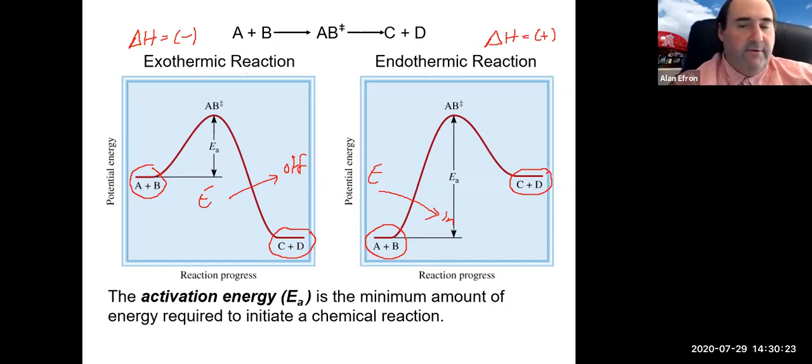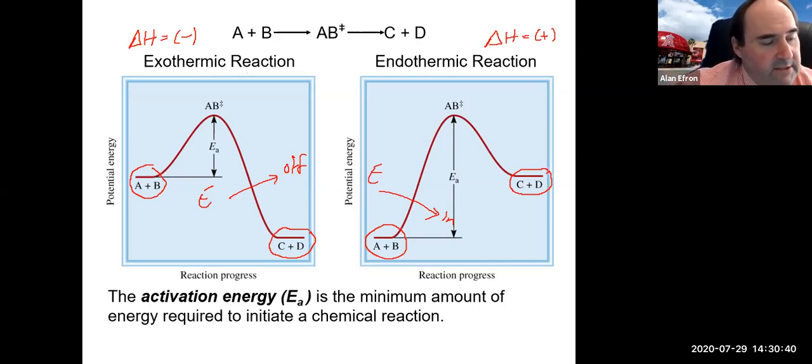But if they hit each other in the right location, the second thing that needs to happen is they need to hit each other with the appropriate amount of energy, basically the minimum amount of energy required for that reaction to take place. And that minimum amount of energy that's required for that reaction to take place is what is referred to as the activation energy. And that activation energy on these diagrams is really that hill that the reactants have to climb to get to the other side.